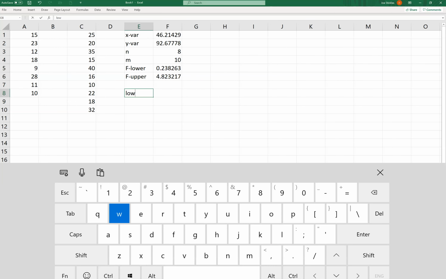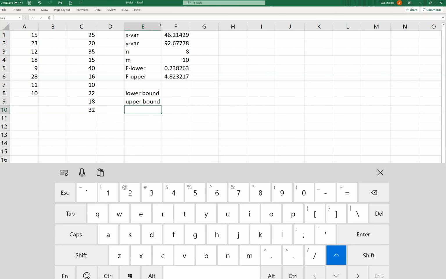So now we'll do our lower bound and our upper bound for our confidence interval. Again, according to the formula, we'll do our lower F value and multiply it by the ratio of the sample variances.